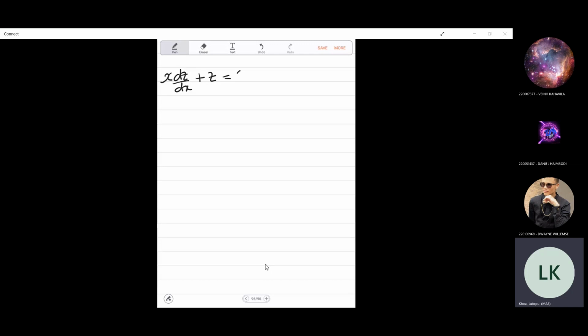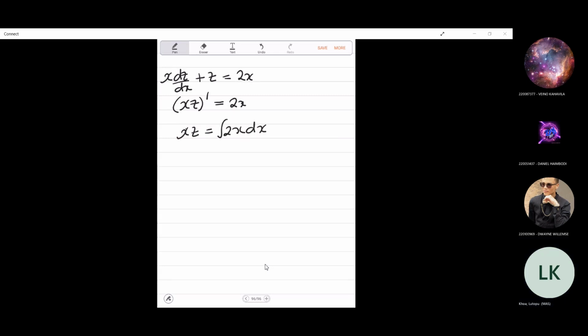So this is x times z prime. This is 2x. And then we integrate. Get xz is equal to the integral of 2x dx. xz is equal to x squared plus c. And then z is 1 over y. So we have x over y is equal to x squared plus c.